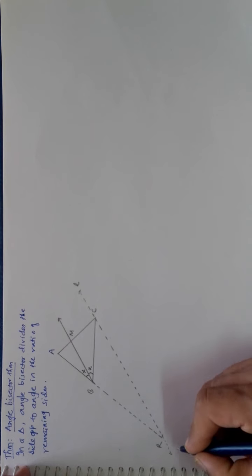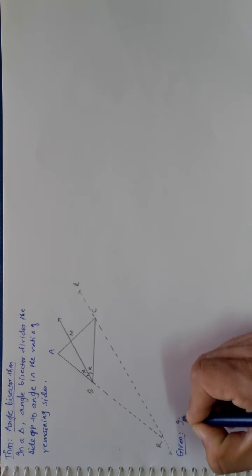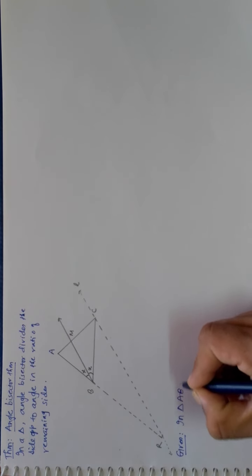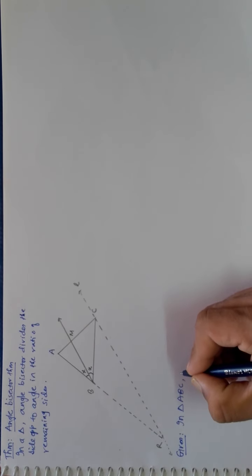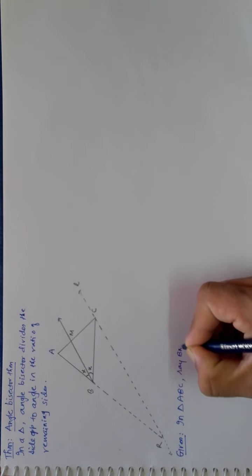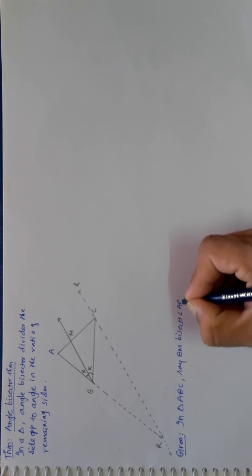Now let me write everything I have studied over here. The given says, let me read it: in triangle ABC, ray BM bisects angle ABC. If there is an angle bisector, then it divides the side opposite to the angle.